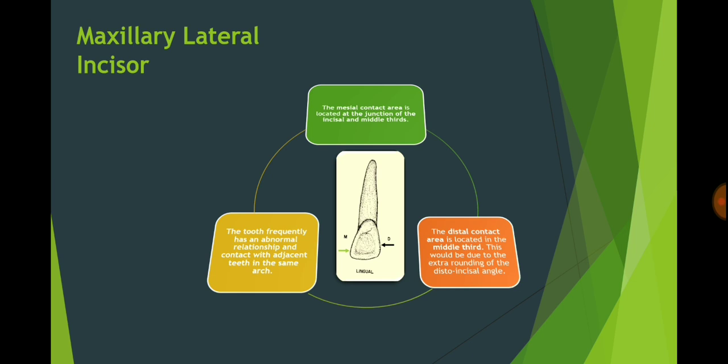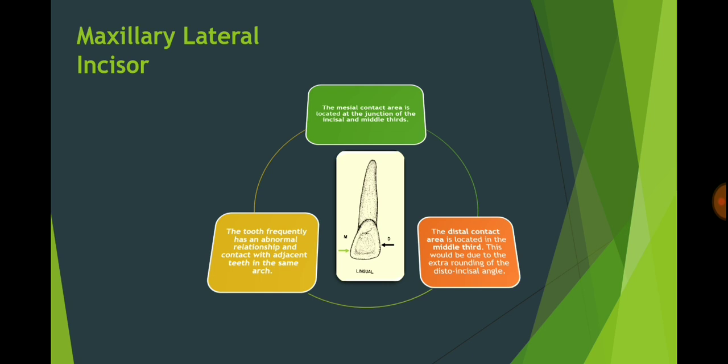And look at the yellow box here, what it says. The distal contact area is located in the middle third. Okay, so the mesial contact area, and you look at the green arrow and the black arrow. Of course, these are maxillary incisors, so it's on the top. So the mesial contact area is more coronal, and the distal contact area is more apical.